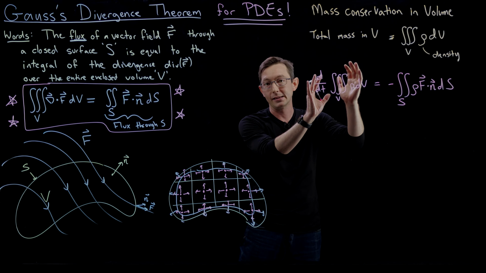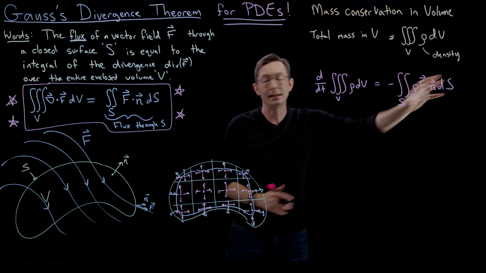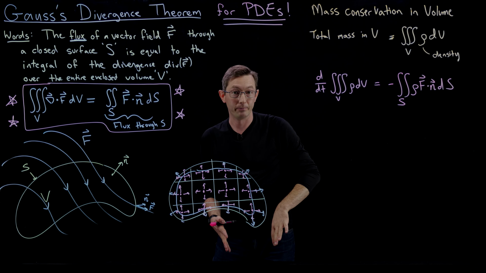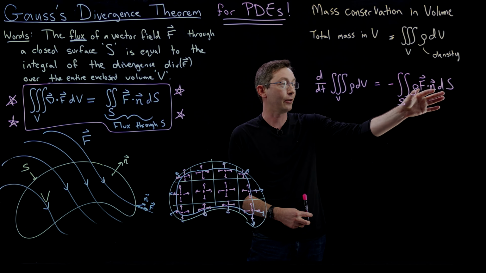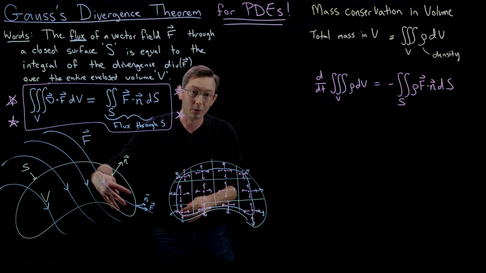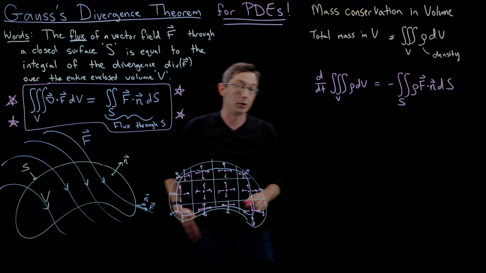So the rate of change of mass inside the volume is equal to minus how much of it is leaving the volume. And again, this is the only way mass can leave the volume, if it's carried out through this flow normal to that volume.